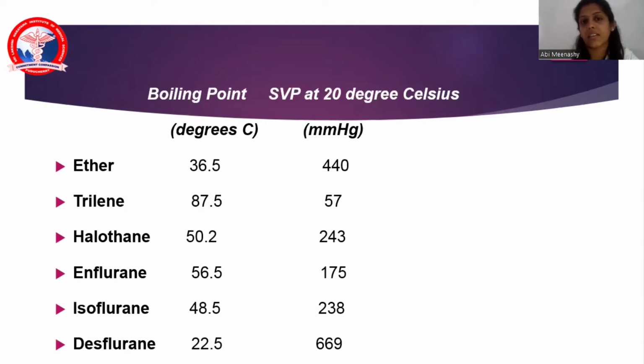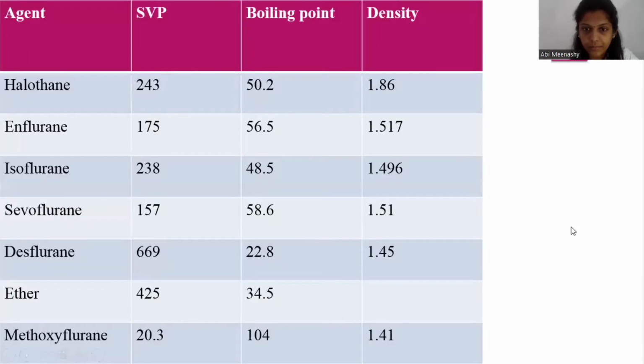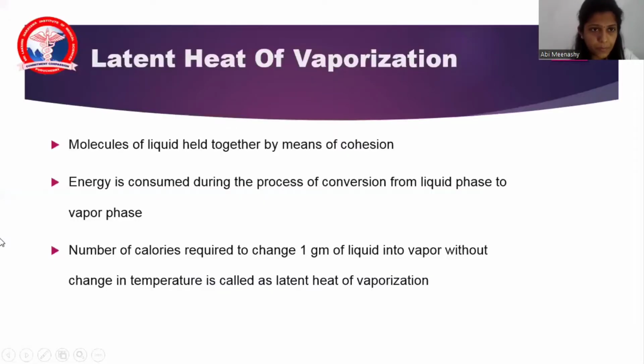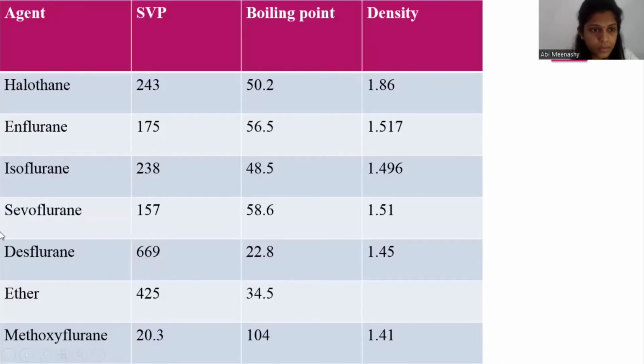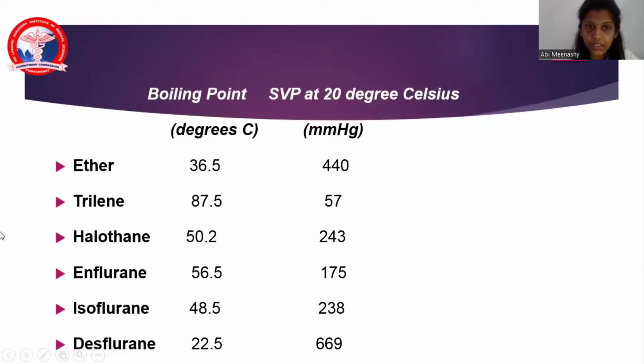So here are several inhalation agents and their boiling point and SVP. Okay, here you have ether. The boiling point of ether is 36.5 degrees Celsius, and the SVP at 20 degrees is 440 millimeters of mercury.